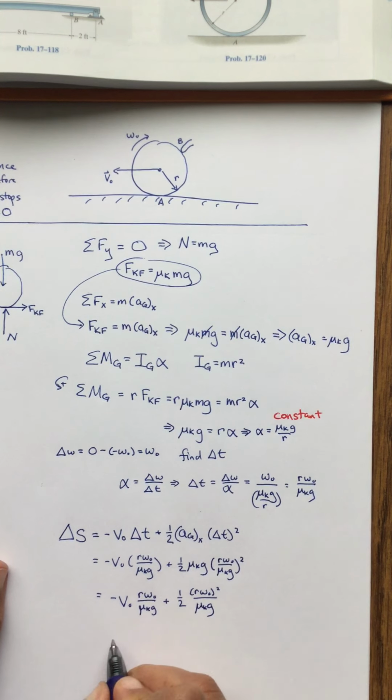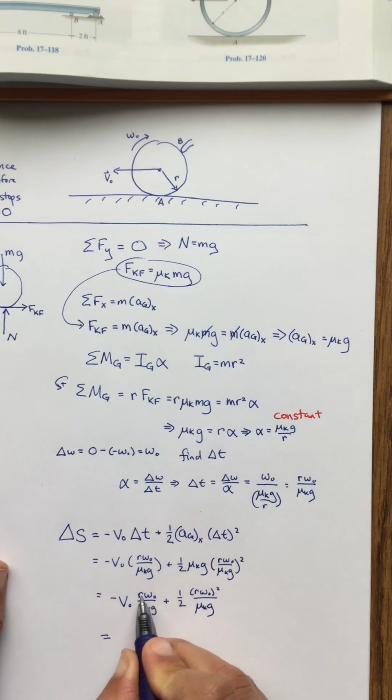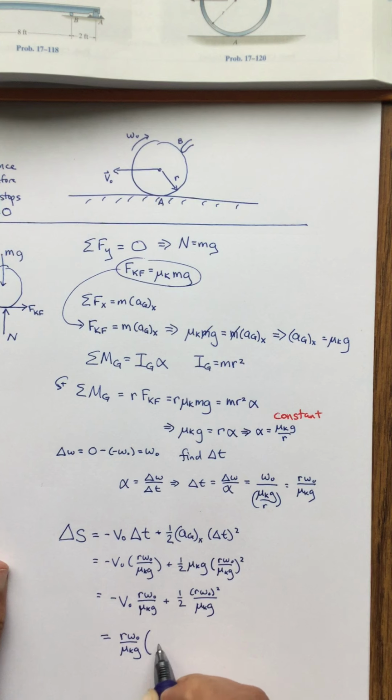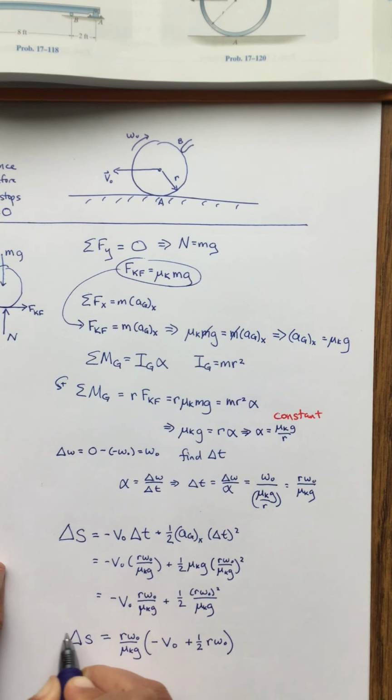And then, since both terms have an r omega naught over mu k g, let's pull that out over mu k g, and this is minus v naught plus 1/2. I pulled out one r omega naught, so I'm left with one r omega naught in the parentheses there. And this is delta s.